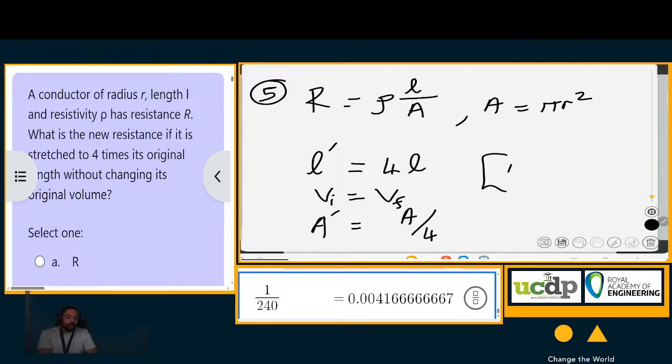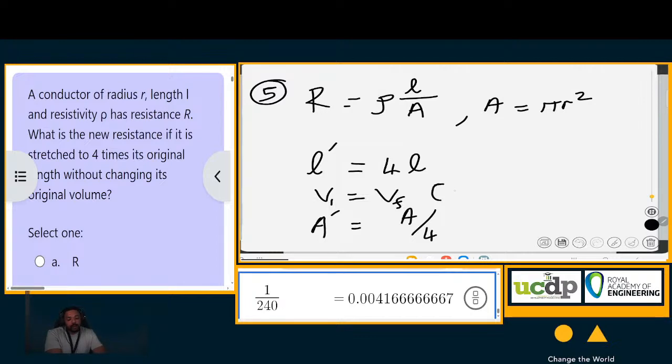Let me write it here. Please remember this, specifically for volume. In order for that volume to stay constant, we assume that they state that the volume does not change, but the length changes.